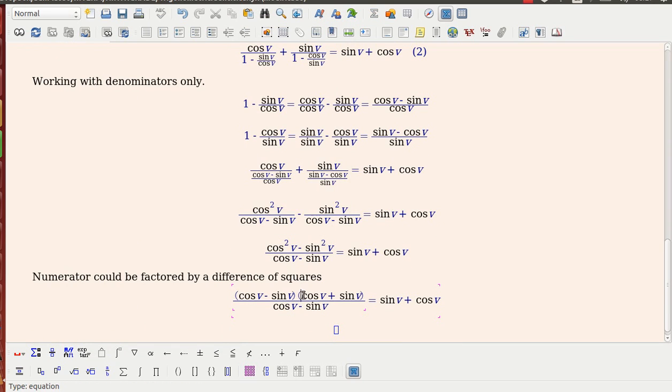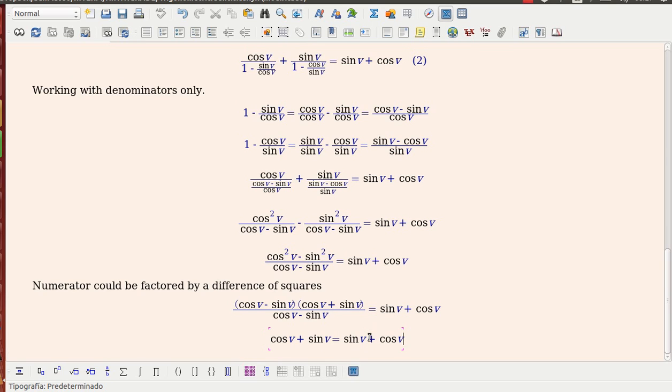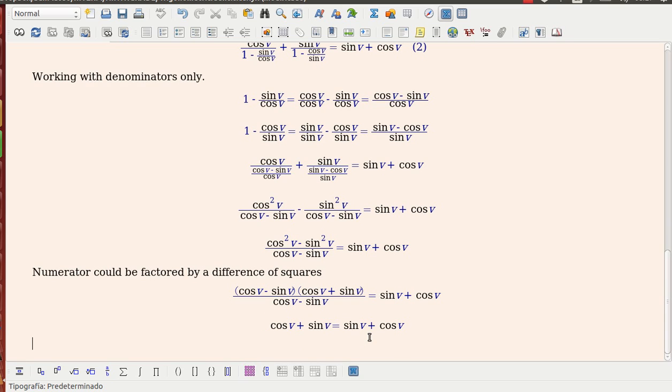I have cosine of b plus sine of b equals sine of b plus cosine of b. And that's completely true, because addition is commutative. It means that we proved the identity. The identity is true.